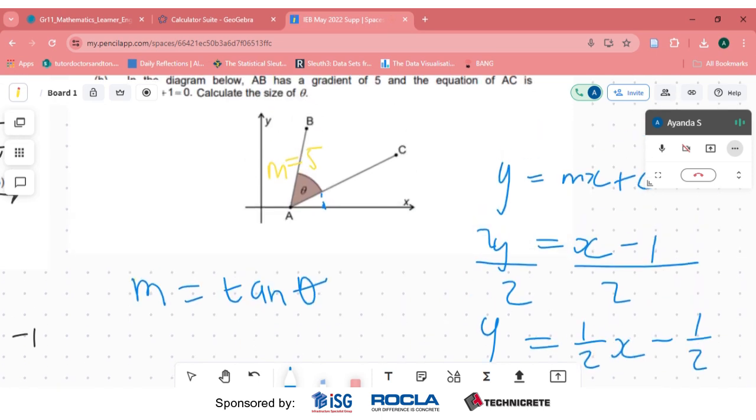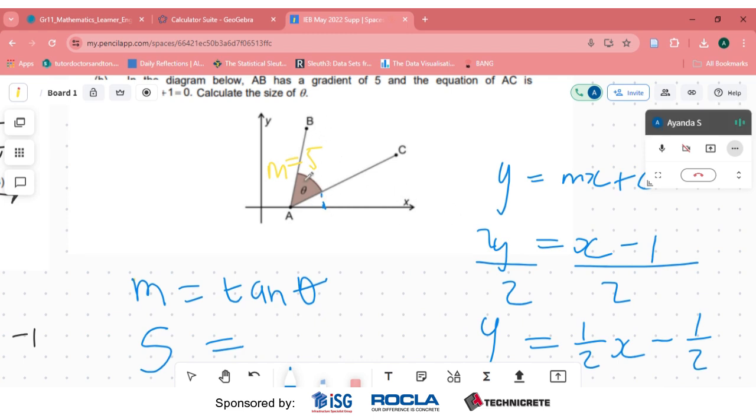So we're given the gradient of AB, which is 5. So the gradient 5 is equal to tan of theta. But remember, not this theta. This is how it's written in our formula sheet. The gradient of AB is going to be equal to tan of the angle between the positive x-axis and this line.